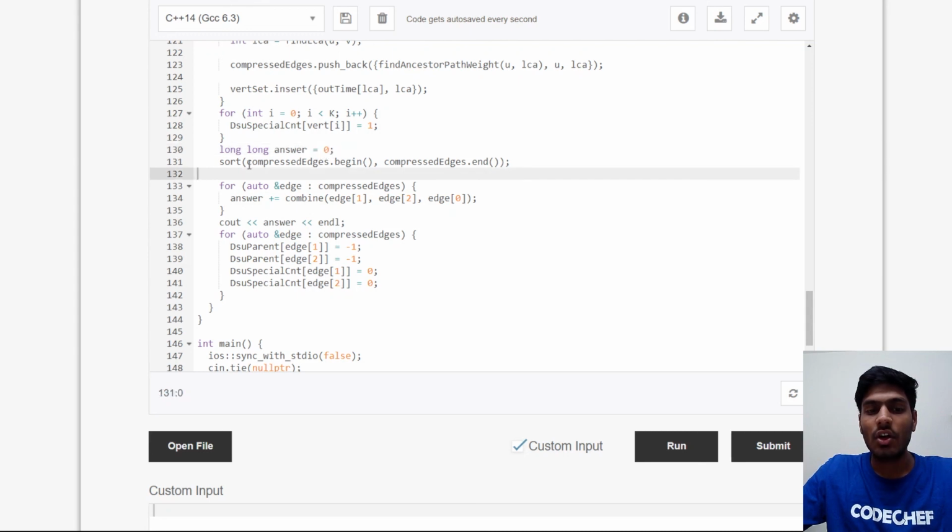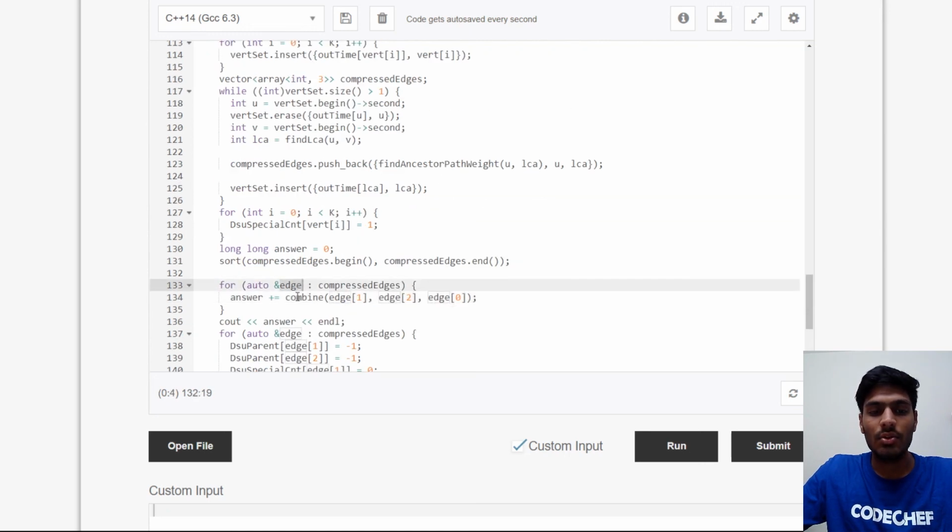And we sort compressed edges in a non-descending fashion. Then for each edge, we combine, first of all, the edge 1, the edge 2. That is the first vertex of that edge with the second vertex of that edge. And we provide that the weight of the edge is edge 0.